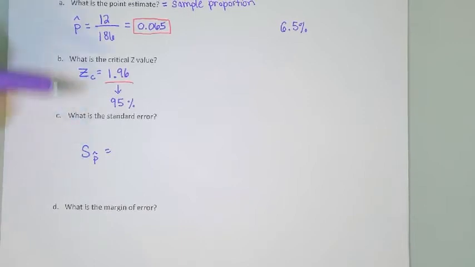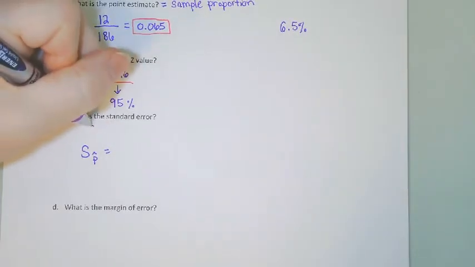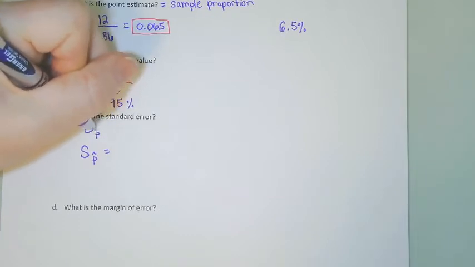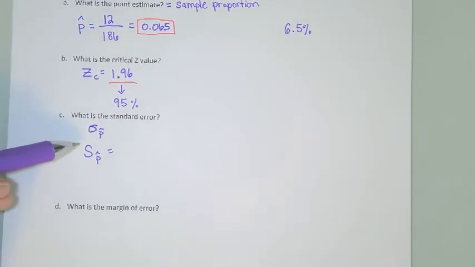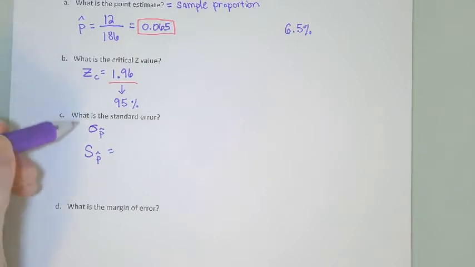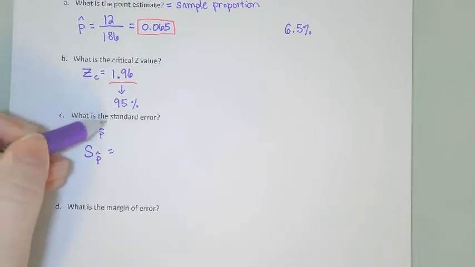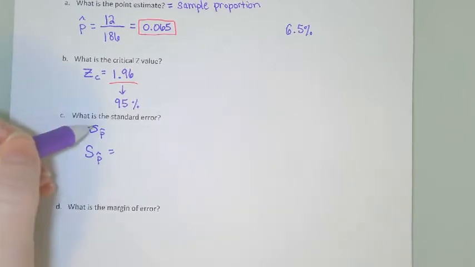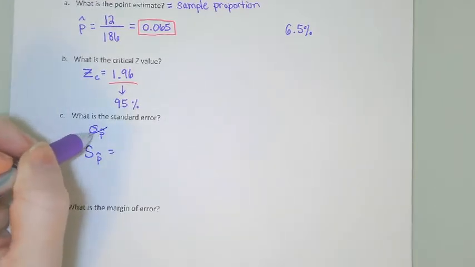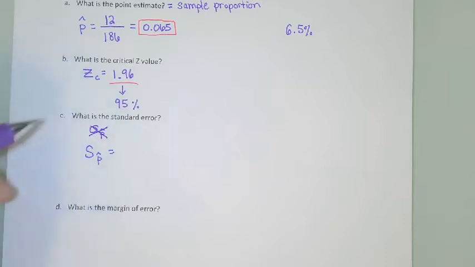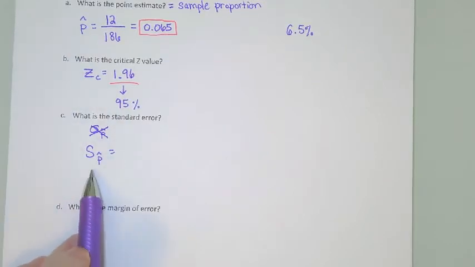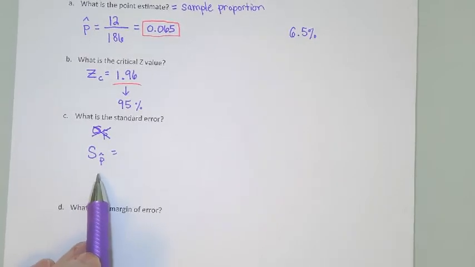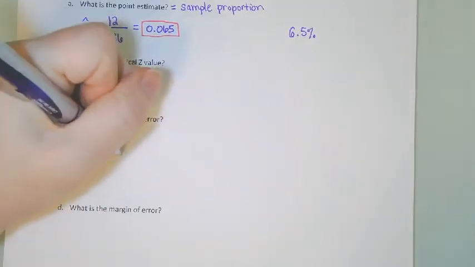You might be more familiar with the formula that was used earlier in this module that started out looking like this. This we can use when we know the population proportion. Here we don't. We're just working with the sample proportion. So this is more an estimated standard error, but it still works the same way.